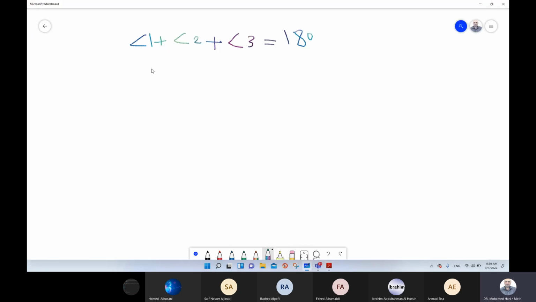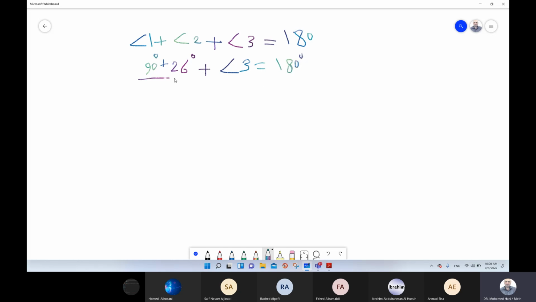So we can write 90 plus 26 plus the measure of angle 3 equals 180.